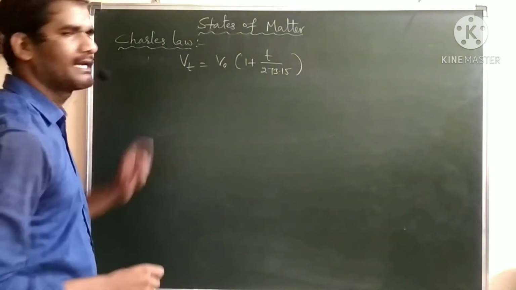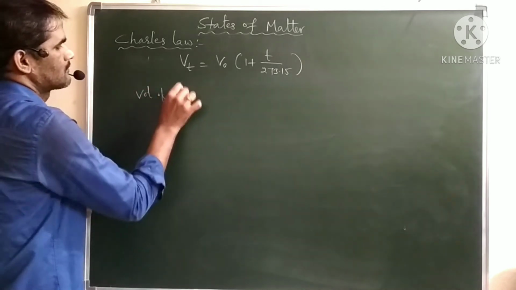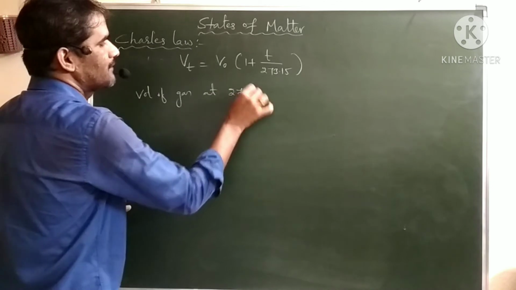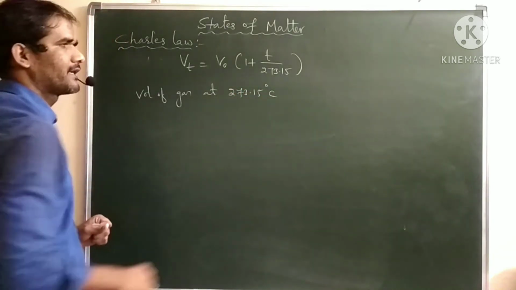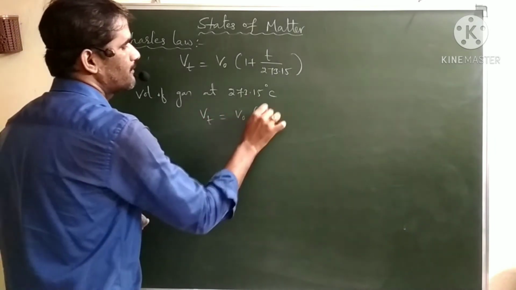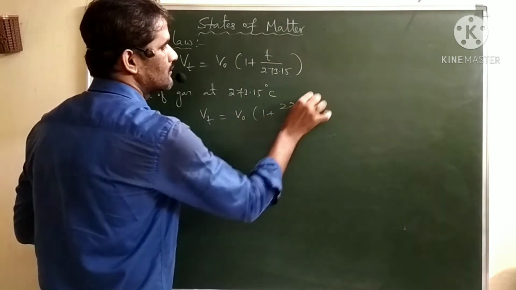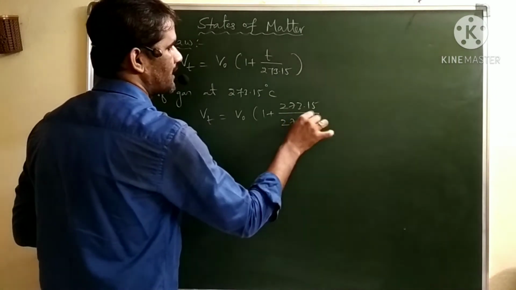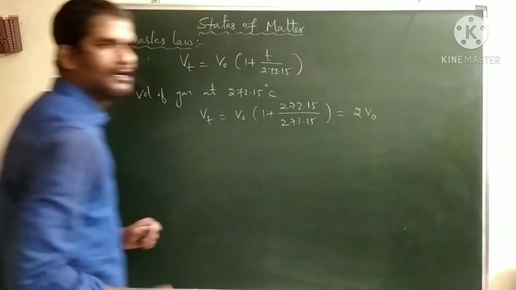If you want to calculate the volume of gas at 273.15 degrees Celsius, then the volume is V0 plus V0 times 273.15 by 273.15, which gives 2 times the volume.